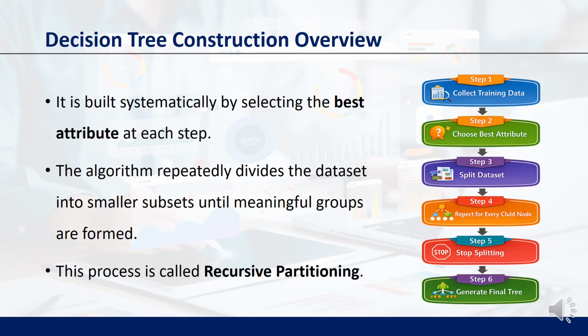Once the first split is created, the same process is repeated for the resulting subsets. This repeated division of the data is called recursive partitioning. So the basic process is: select an attribute, split the data, evaluate the resulting groups, and repeat. The process continues until meaningful and sufficiently pure groups are formed.